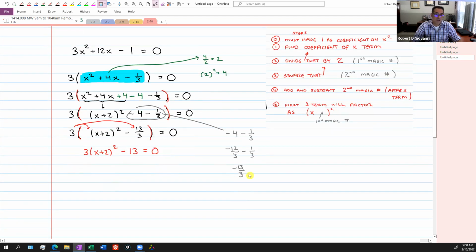And now I'm just going to continue with my algebra. I'm going to move the 13 to the other side, so add 13 to both sides. I'm going to divide both sides by 3, trying to get this squared piece by itself.